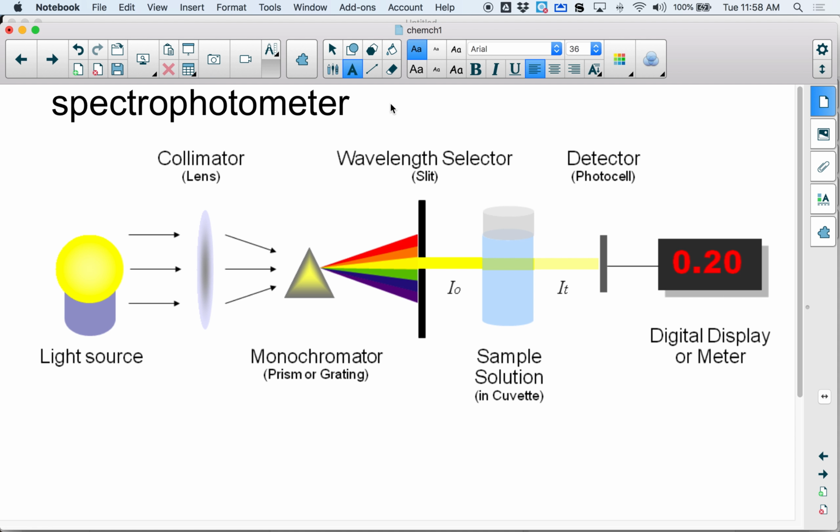So if we can measure how much of the light gets through, we can actually use that to figure out how strong this is, what the concentration is. The stronger it is, the more light will get blocked. What do you want to measure, how much light got blocked? Right. So there's two different terms here that we're going to define.